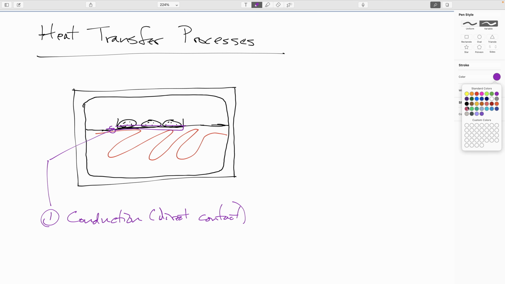Now, what's going to be responsible for the bulk of the rest of it, cooking up the tops, but not as thoroughly as the bottoms of the cookies, is going to be convection. So the Calorod here is going to heat up the air in the oven. That color is too similar, so I guess we'll use a green.